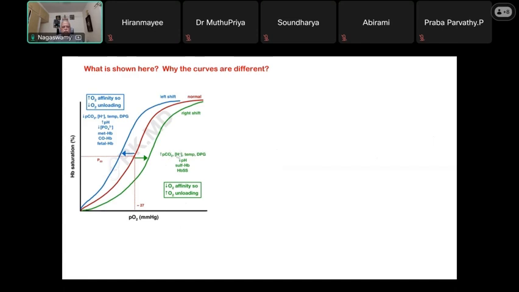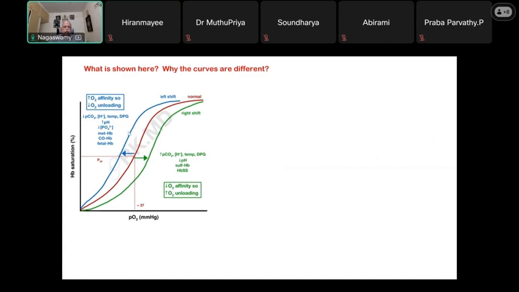That is, PCO2 increase, acidosis, hyperpyrexia, and 2,3-DPG increase, and a decrease in pH will also cause a shift to the right. So in a shift to the right, the oxygen affinity of the blood is reduced, and oxygen unloading or delivery to the tissues is increased. That is why I told you shift to the right is right for the tissues.